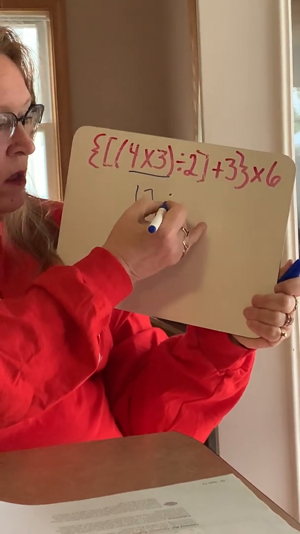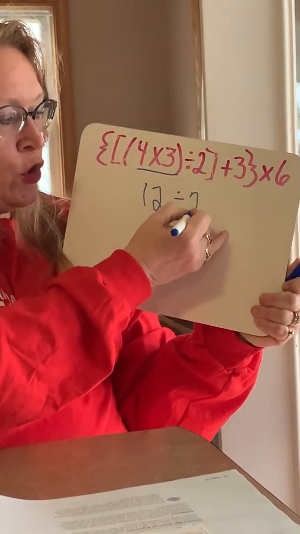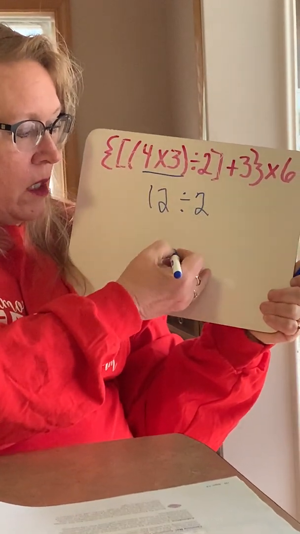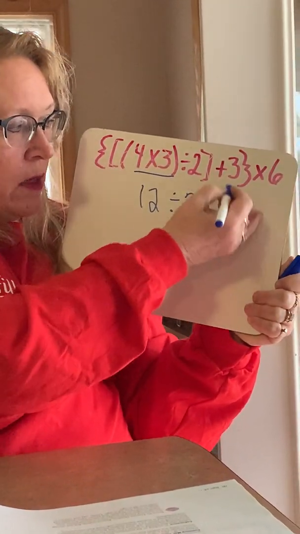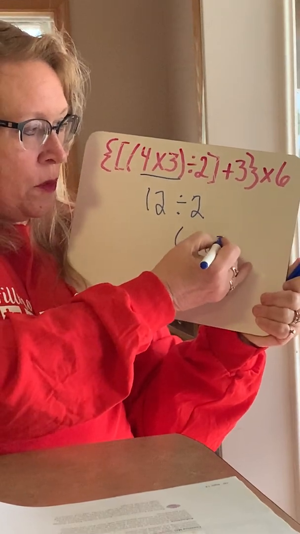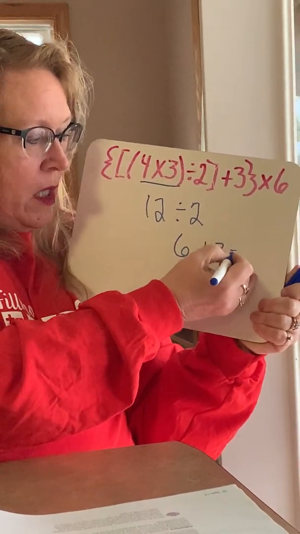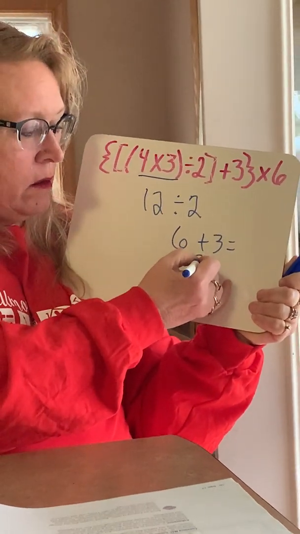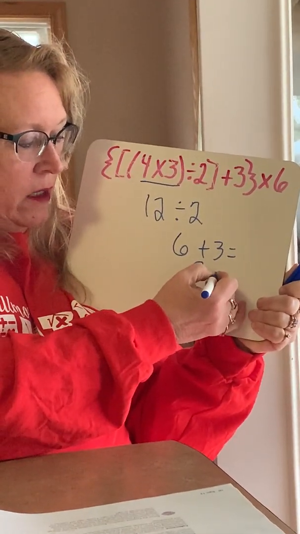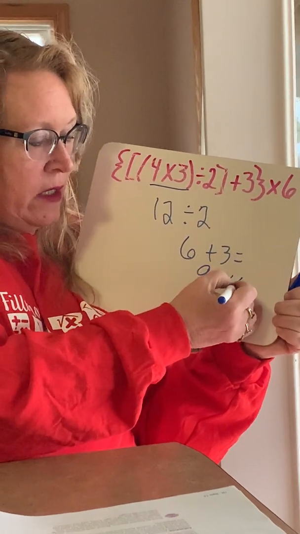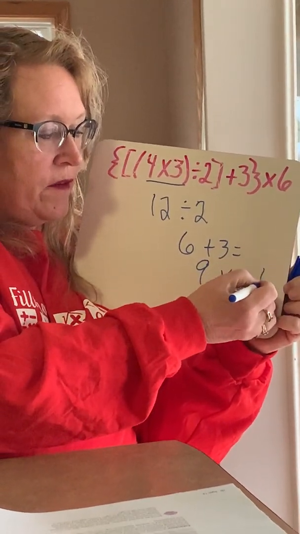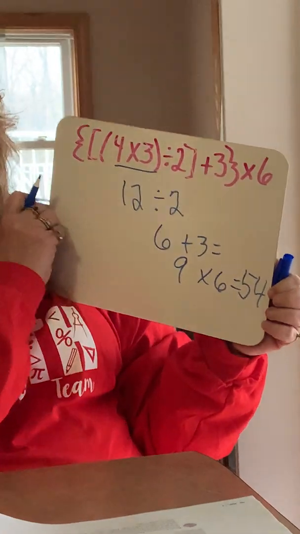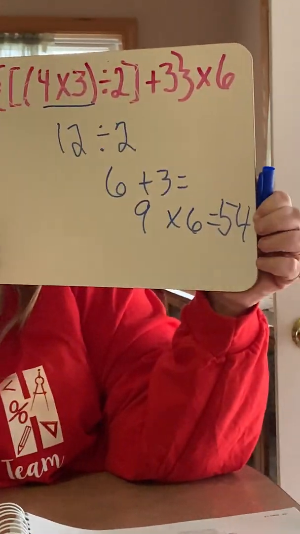And then I'm going to do 12 divided by 2. And that gets me 6. So then I'm going to do 6 plus 3, which gives me 9. And then I'm going to take the 9 times the 6 finally, which gives me 54. Okay, so the answer to that problem would be 54.